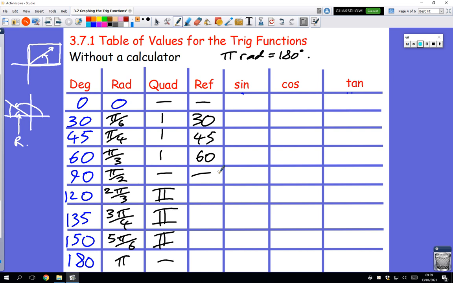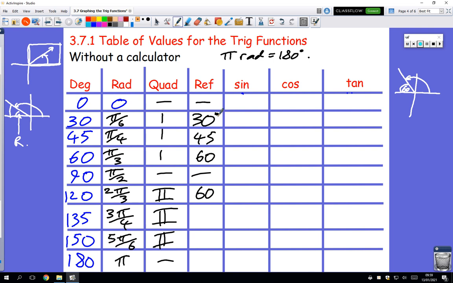If I take 120 degrees, and again, just a rough picture over here, 120 degrees is through 90, another 30. What's the reference angle there? Well, the reference angle is this angle in here. From 120 degrees to here, it would take me another 60 to get to there. So what we get is 60 degrees here as the reference angle.